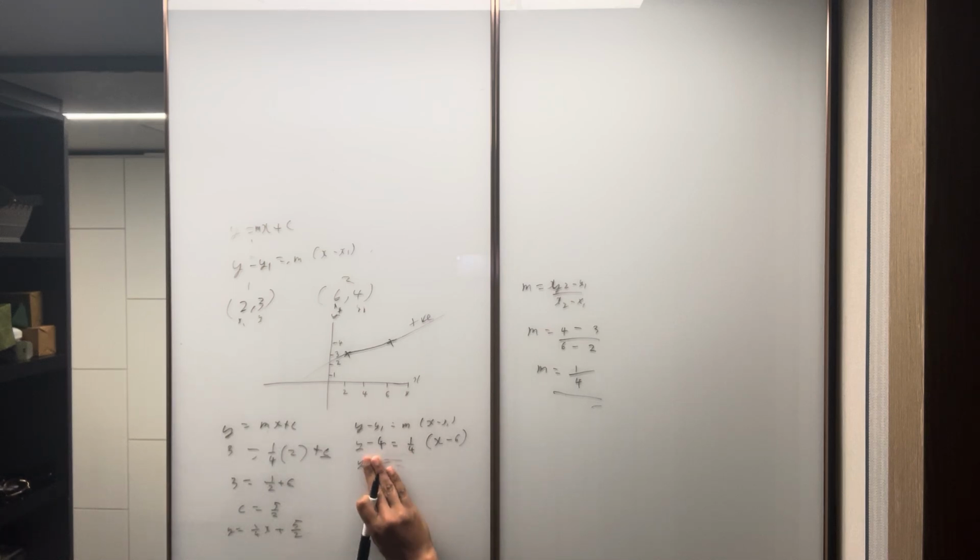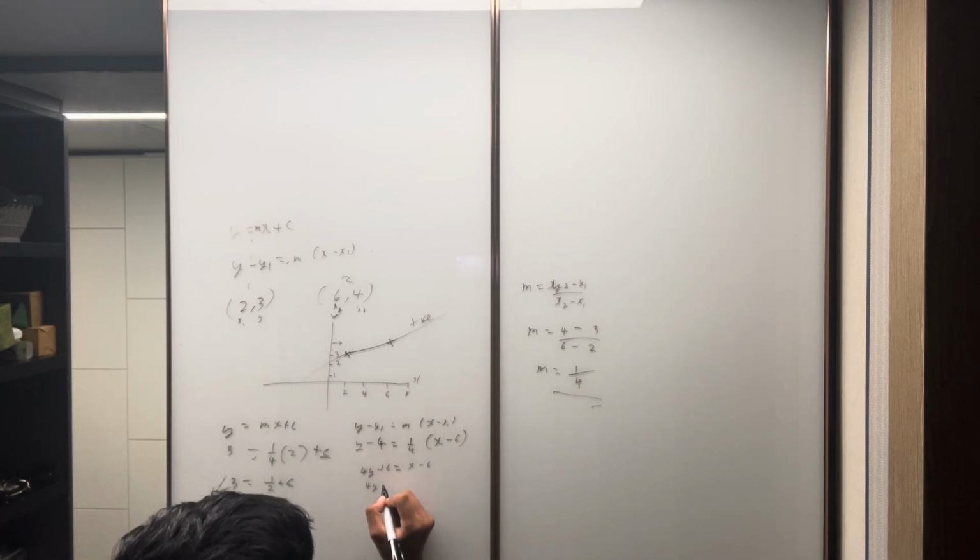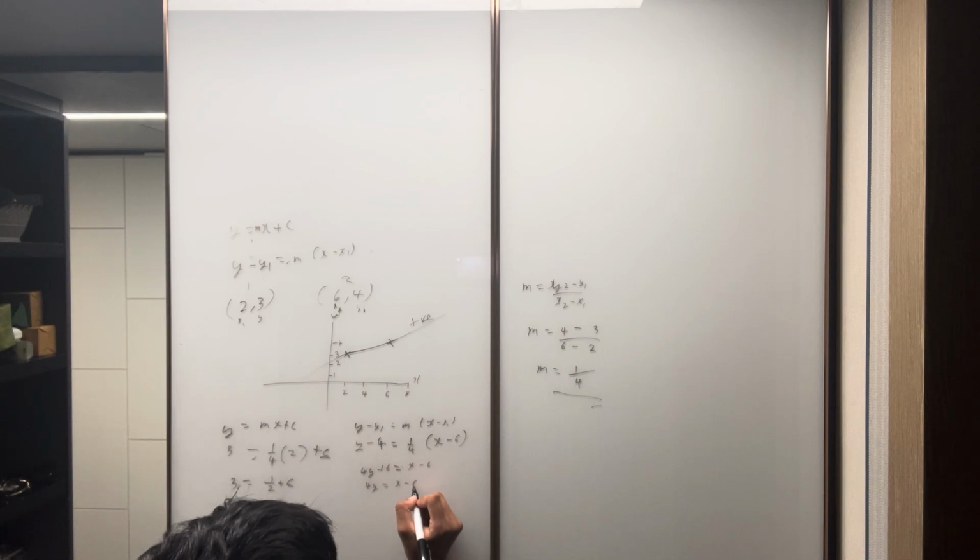Wait, no, sorry. We take the 4 to the other side to multiply, because the whole thing is divided. You get 4y minus 16 equals x minus 6. Then 4y equals x minus 6 plus 16, that gives you plus 10.